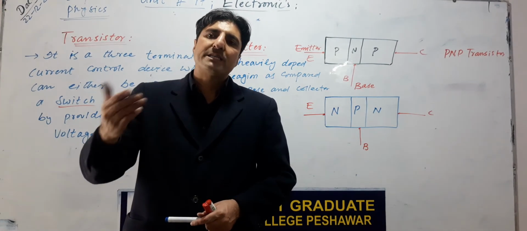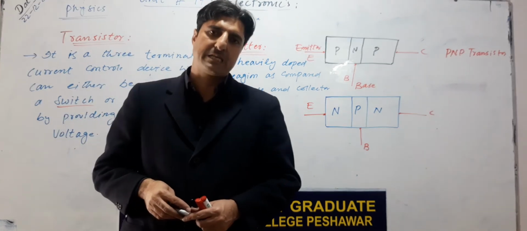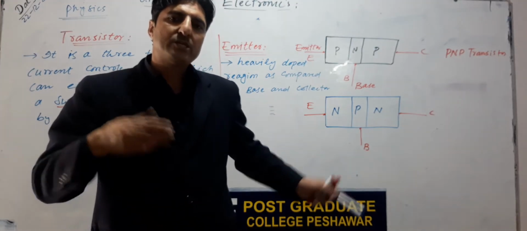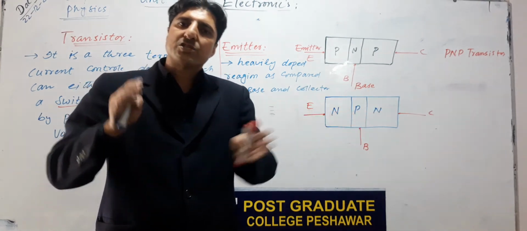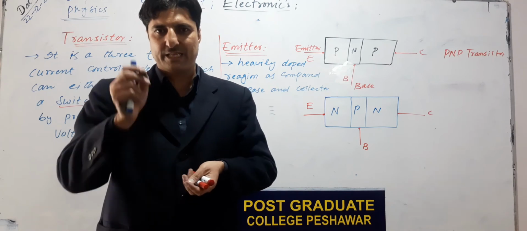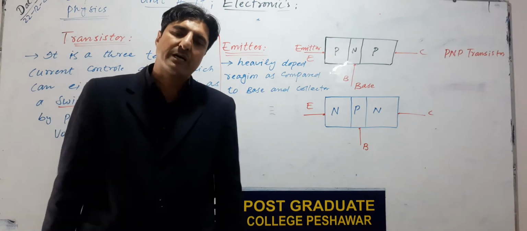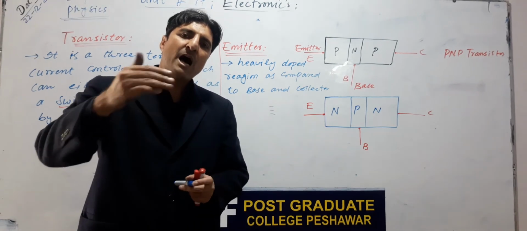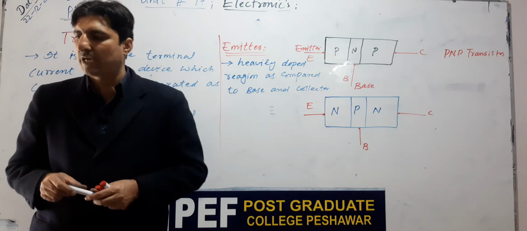When we add some trivalent or pentavalent impurities to semiconductor material, it means that we dope that material. So the emitter is heavily doped. The concentration of charges in the emitter will be greater than that of base and collector, because the emitter has to emit the charges, so therefore the emitter is heavily doped.